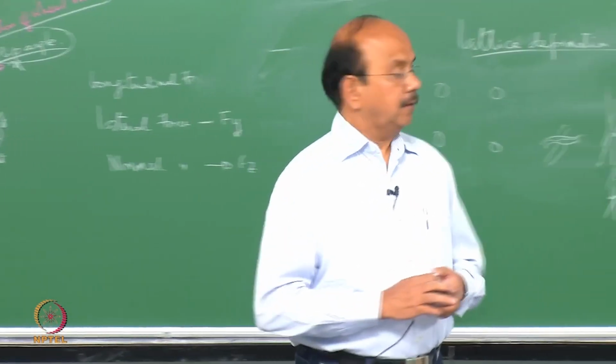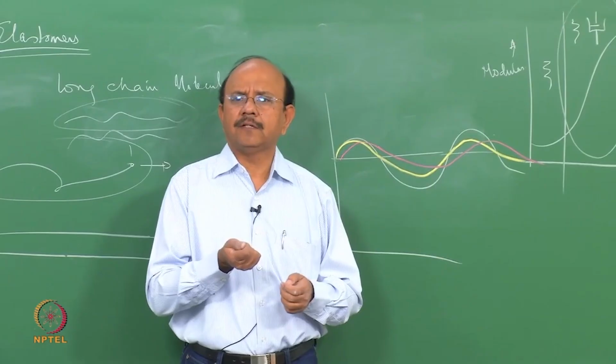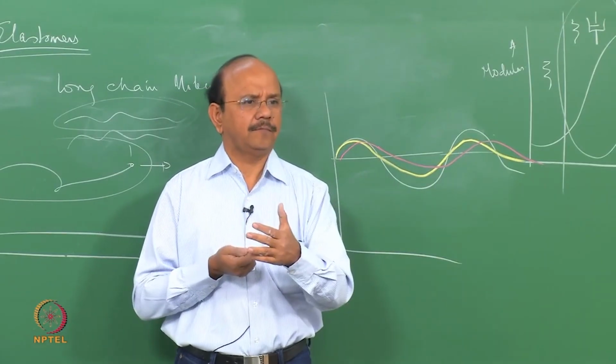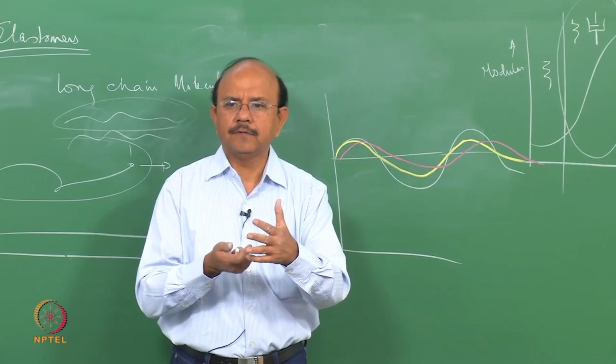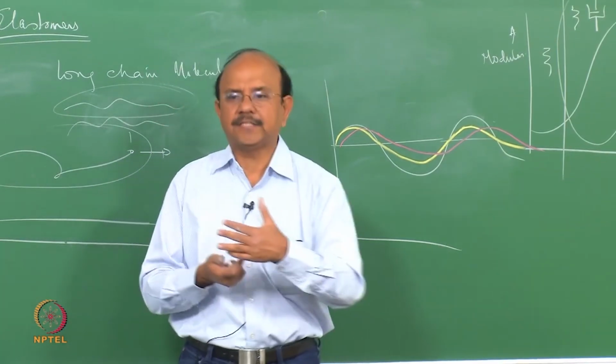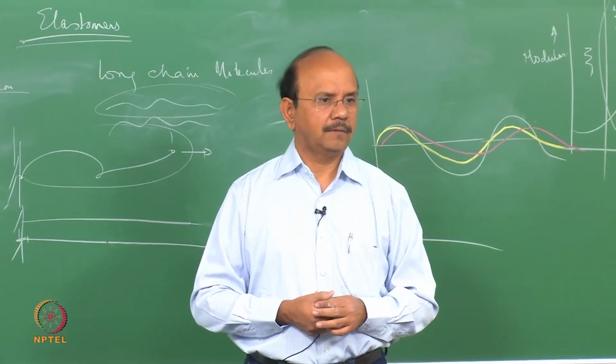Clear? So in other words, what does it mean? It means that when I apply the stress, the strain is not immediately developed. It takes time to develop. When I release it, it doesn't immediately get back to its original position. It takes time to get back to its original position.